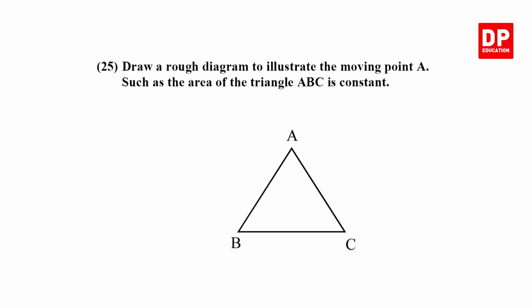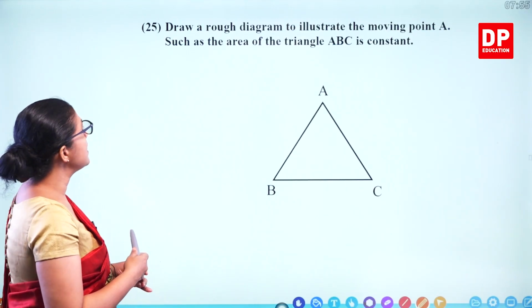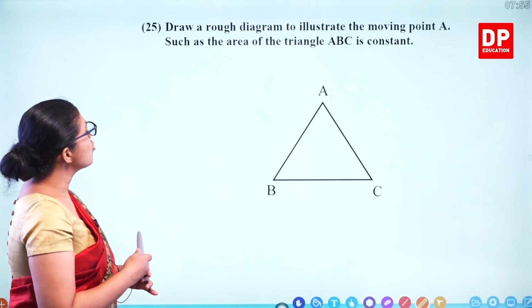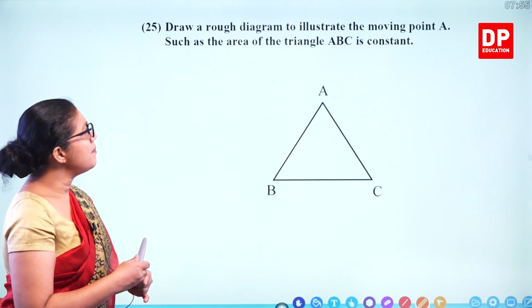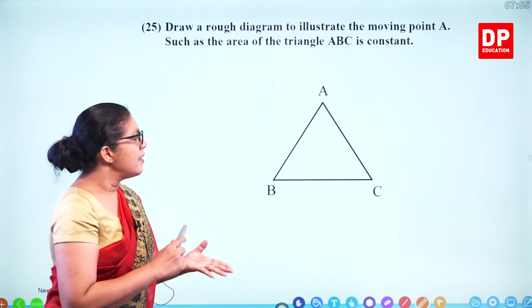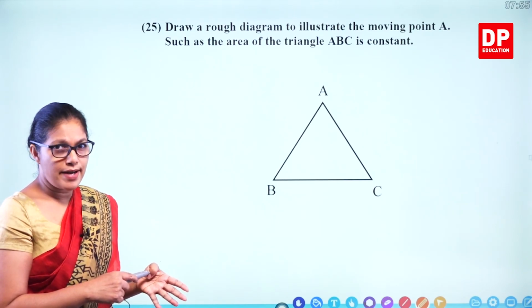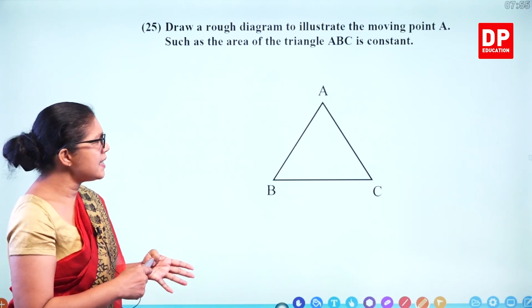Question number 25. Draw a rough diagram to illustrate the moving point A such that the area of triangle ABC is constant. With the same base and same height you get the same area. So how do you get the same height?